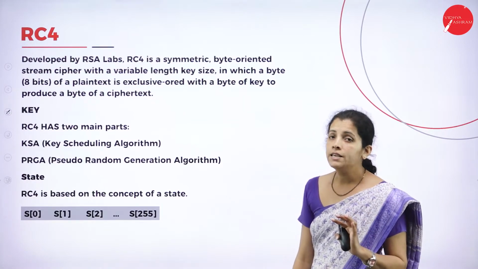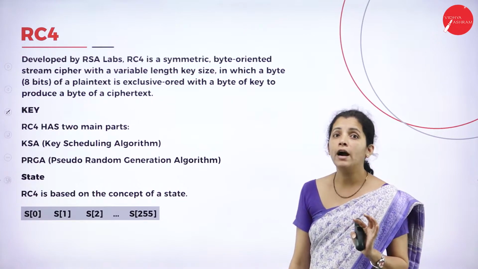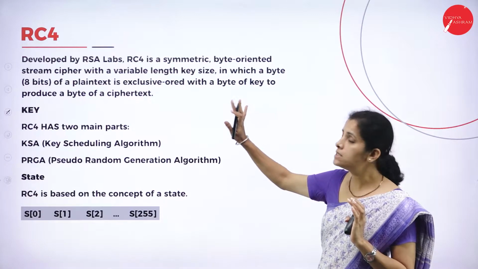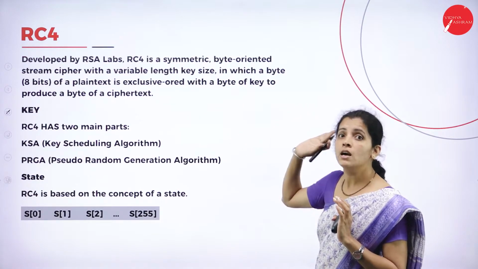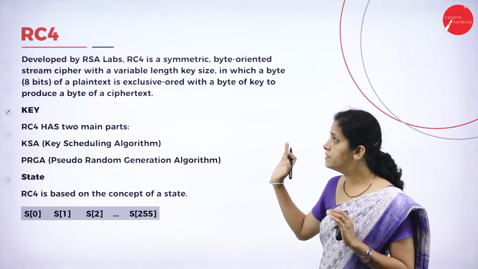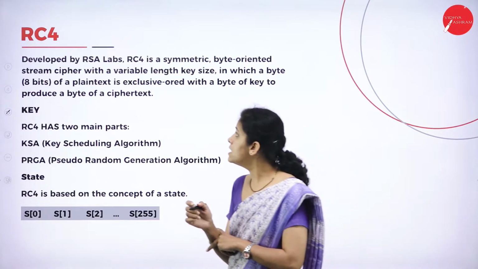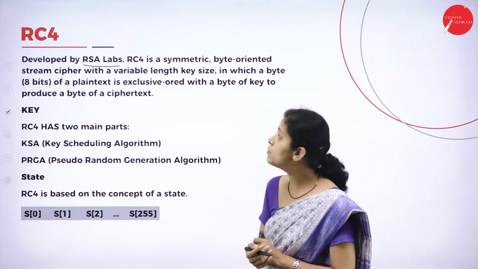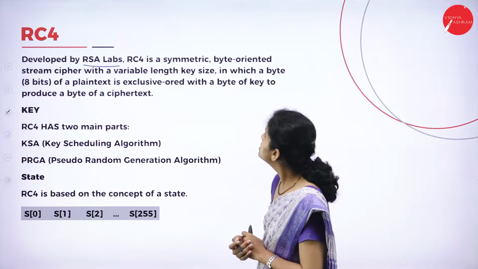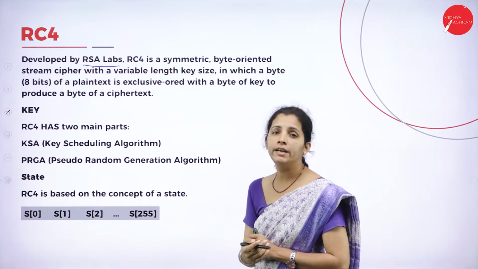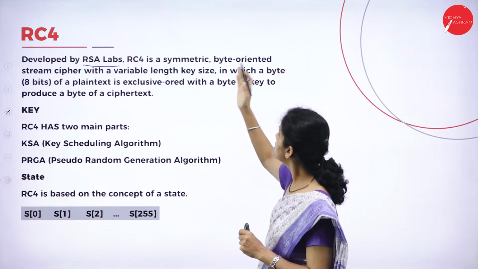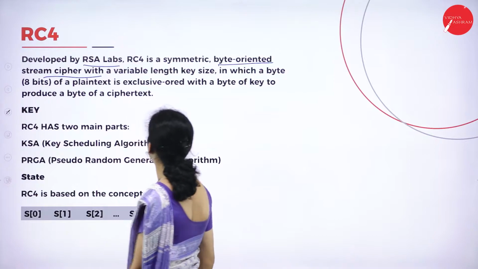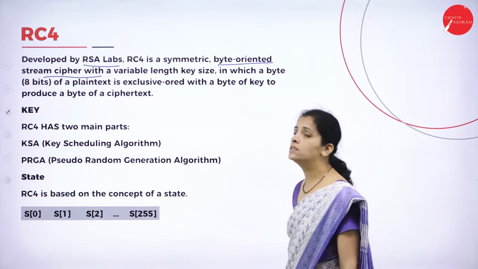RC4 as well as A5/1 come under stream ciphers. That means these are the two types of algorithms that come under stream cipher. RC4 was developed by RSA Labs, and it is a symmetric byte-oriented stream cipher with a variable length key.